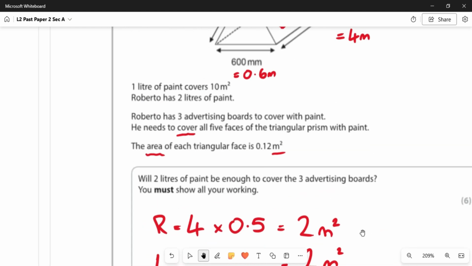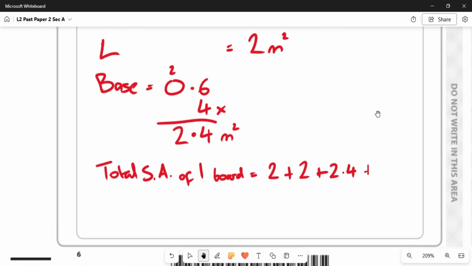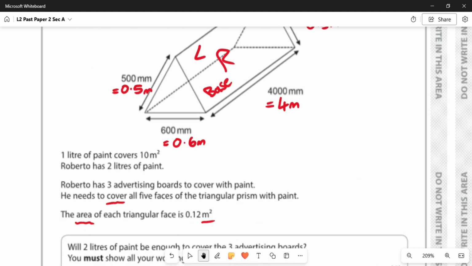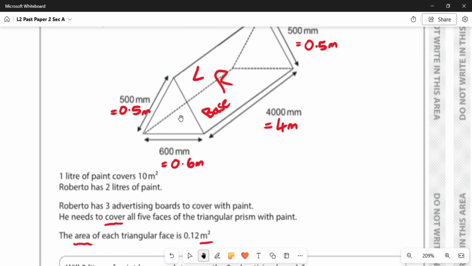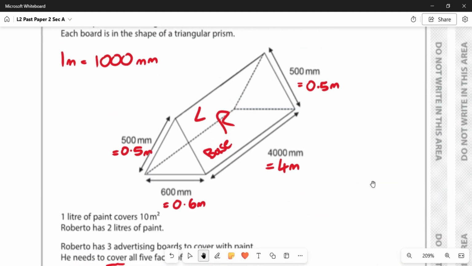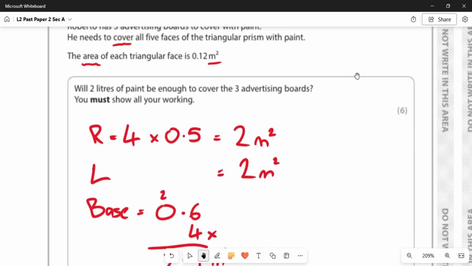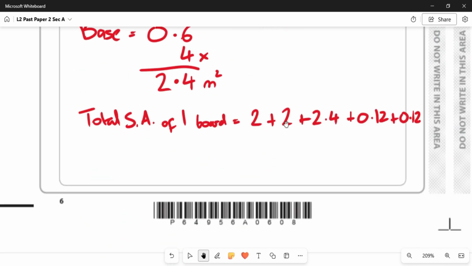What were the 2 faces? 2 faces were 0.12. So 0.12 plus another 0.12, because you've got 2 triangular faces. Remember, you've got one here at the front, and you got one here at the back as well. Yep, that should be 5 faces. Let me just double check. 1, 2, 3, 4, 5. Yeah, that's all of them.